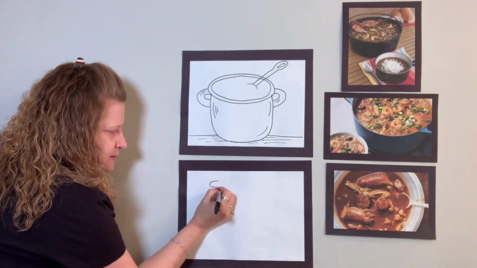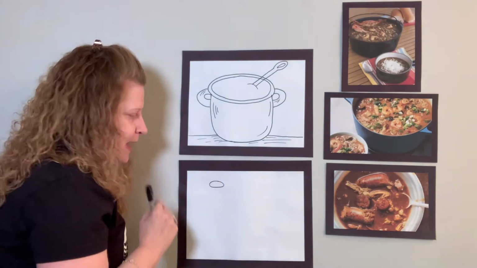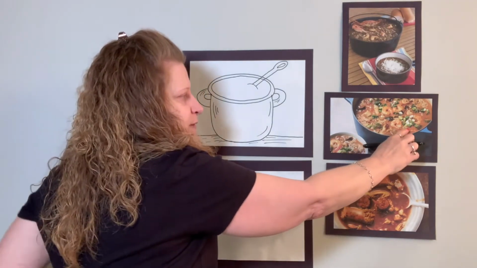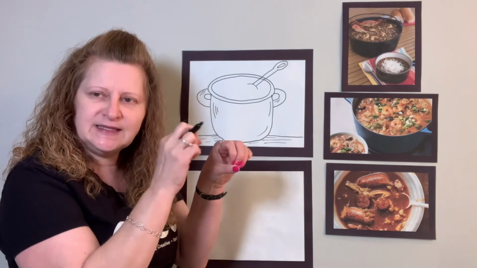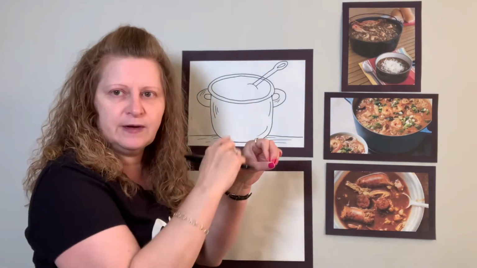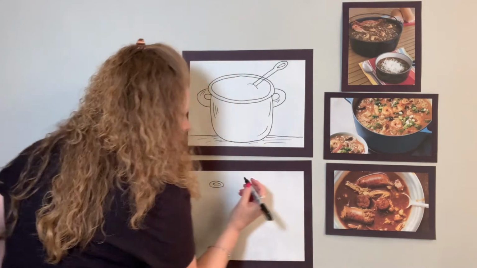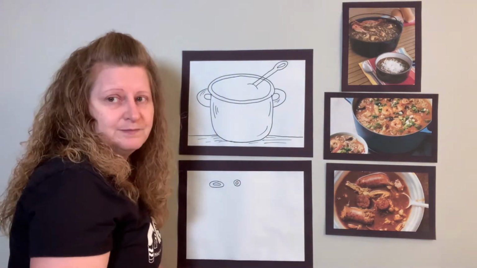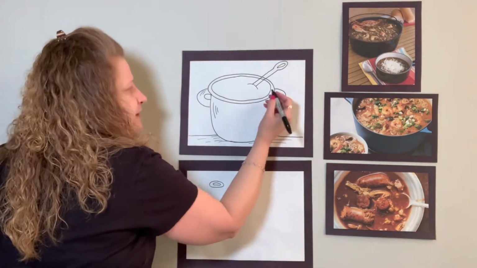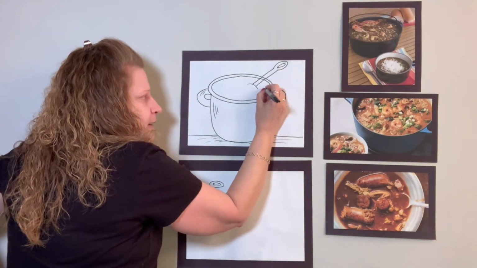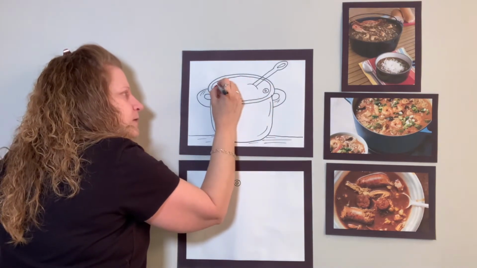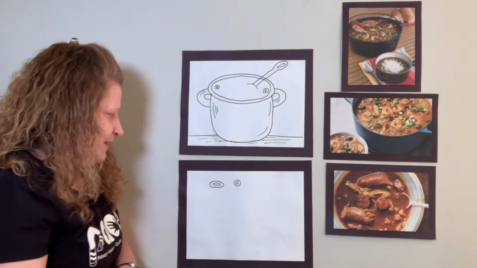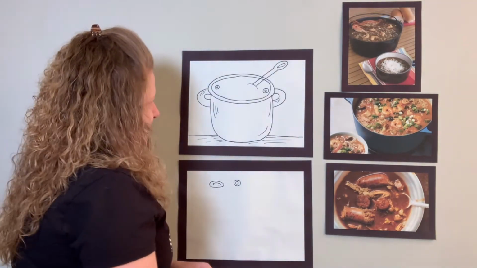So we're going to use an oval, and then we're going to put another oval inside, because when you cut an onion and all the little pieces come out, the inside leaves you with maybe like a little oval, or another way is maybe even like a circle. It's up to you on which one you want to use. So here I'm going to put my little green onions. You can add yours. Good job.